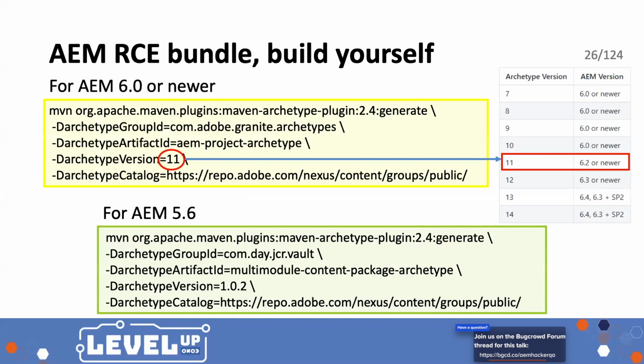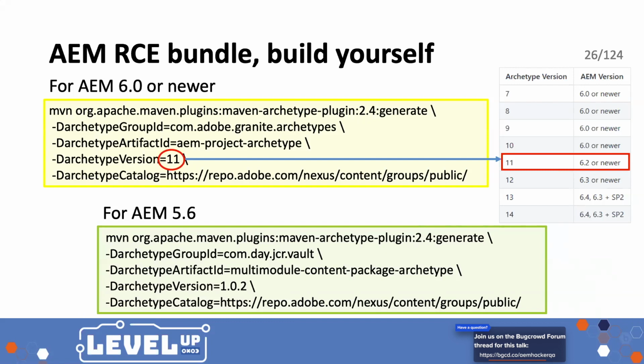If you find that the pre-built OSGi bundle is not suitable for you, or you want to change something in the code, you can generate a new skeleton using the presented Maven commands, and then backport the backdoor servlet class from my project to the newly created skeleton project. There is a separate command line for AEM version 5.6.